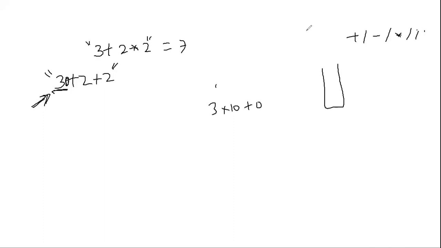We started with 0, and then we found 3, so 0 multiplied by 10 plus 3. Now we have 3, so 3 multiplied by 10 plus the current element gives me 30, and then I go next.